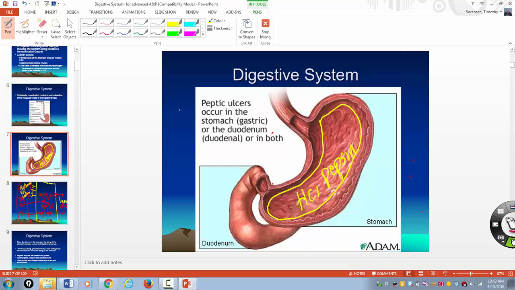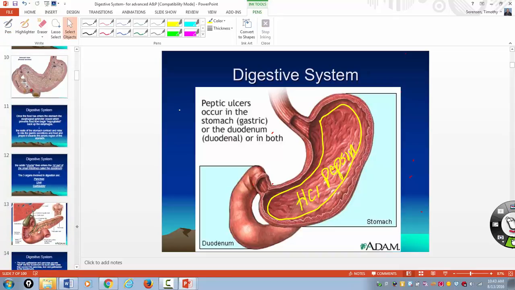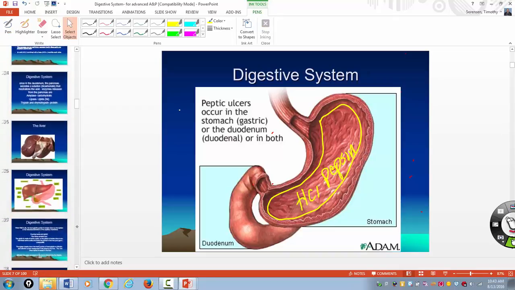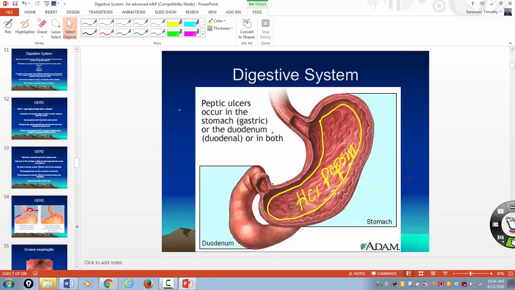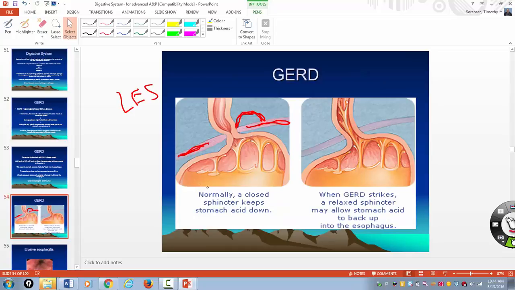Now, there are conditions that can cause the lower esophageal sphincter muscle to weaken. And if you look, most of the day we're upright, right? So when you eat, by gravity, the contents of your food should be in the lower part of your stomach.